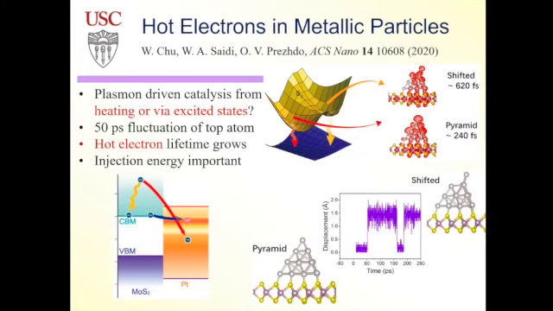You have a top atom of this pyramid, and plasmon is usually localized on sharp parts. Where the plasmon excitation is localized, you can have the top atom move back and forth, and it creates some configuration that could be catalytically active because you have unsaturated chemical bonds there. It breaks some of the bonds with the main pyramid, and there's an opportunity for that atom to interact with some molecule. What we also see is that the lifetime of a state like this becomes longer.